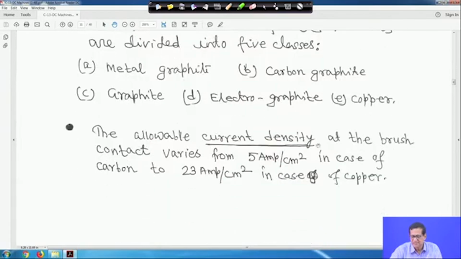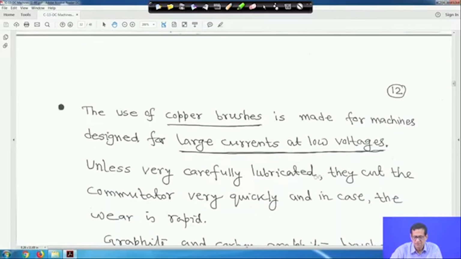The allowable current density at the brush contact varies from 5 ampere per centimeter square in case of carbon to 23 ampere per centimeter square in case of copper.